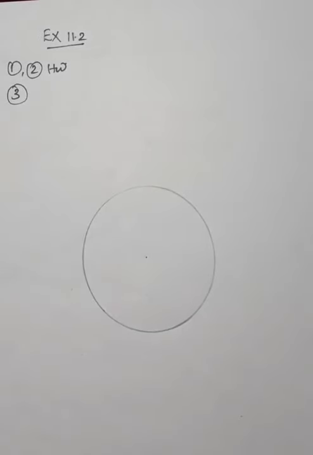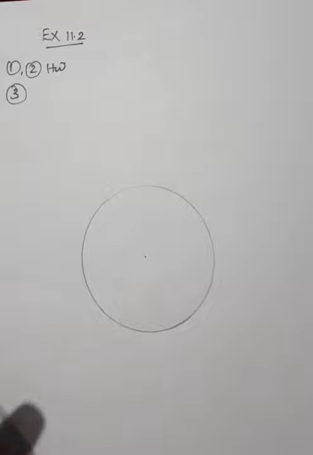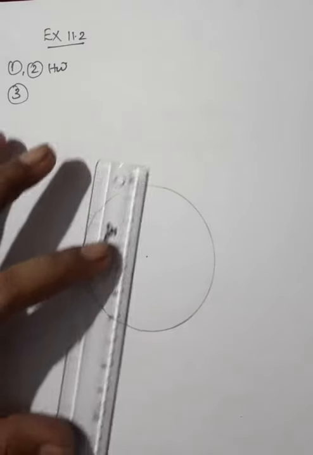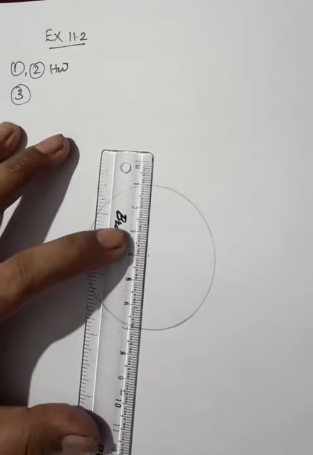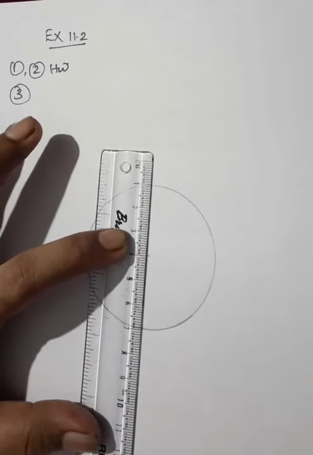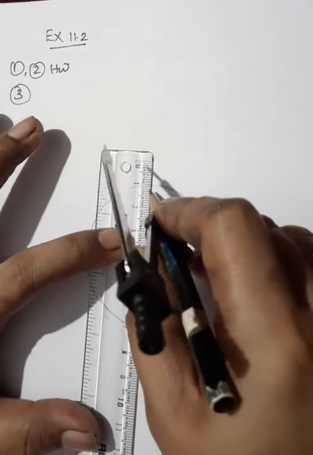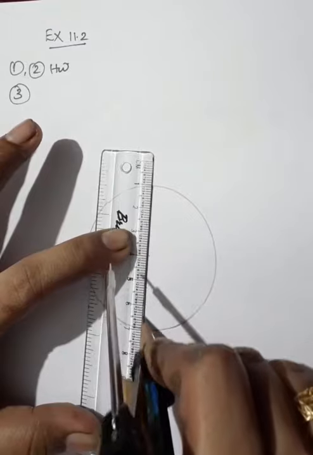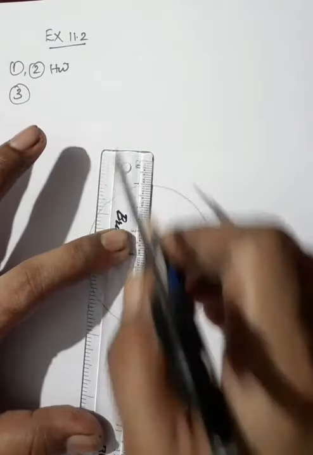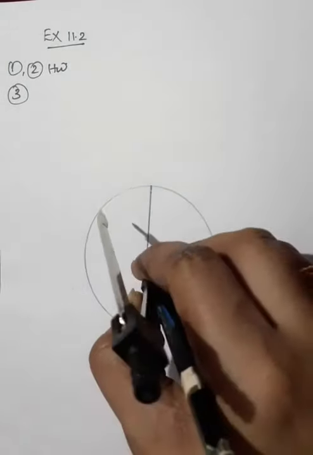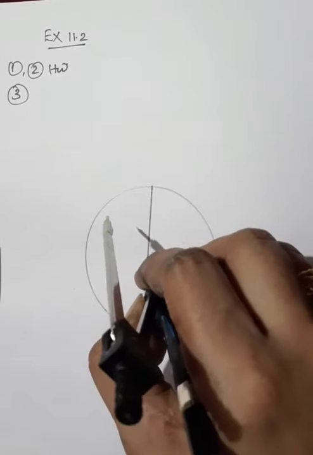Then after that, one of its extended diameter want to draw, and on it take 2 points P and Q. This is the diameter I am drawing through the center, and this is O, center.